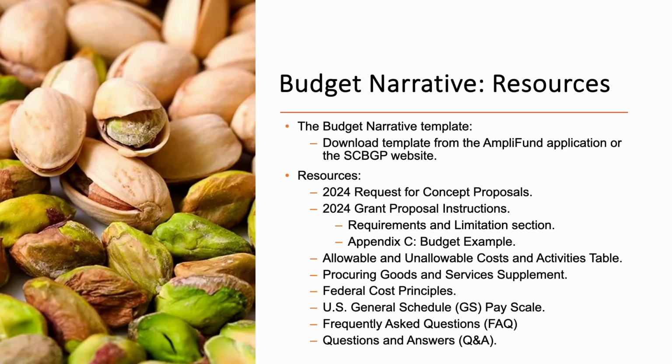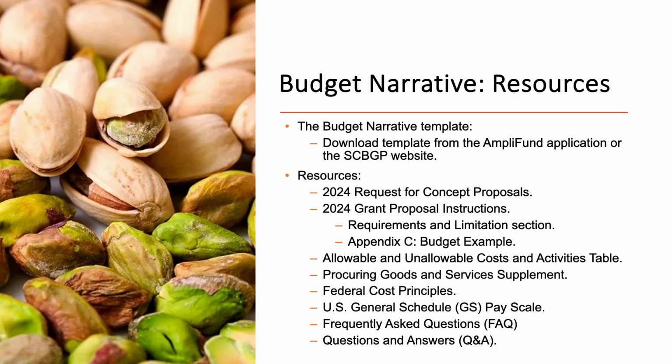Since development of the budget is such an important part of the grant proposal, we would like to point out a few of the resources available for guidance in this process. First, the request for concept proposals is still a valuable reference for outlining USDA and CDFA requirements.